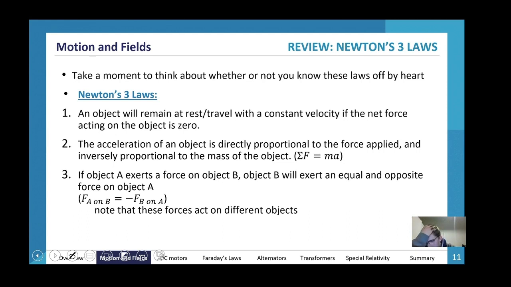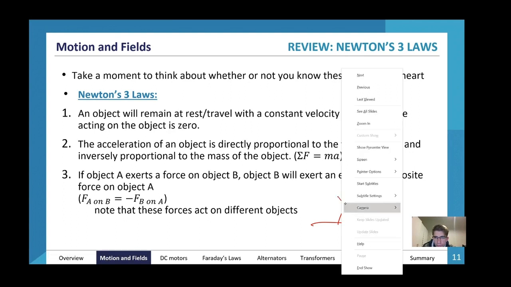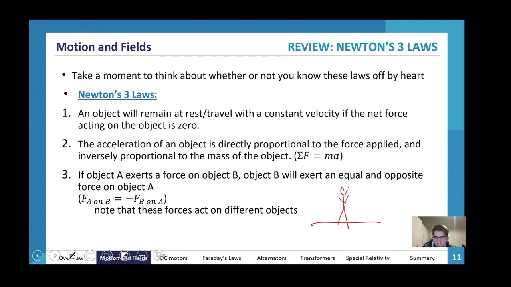The reason for that is because students really get confused with action-reaction force pairs. If you are standing on the ground, and there is a weight force acting on you, if I were to ask you, stop and think for a minute, what is the reaction force of the weight force?